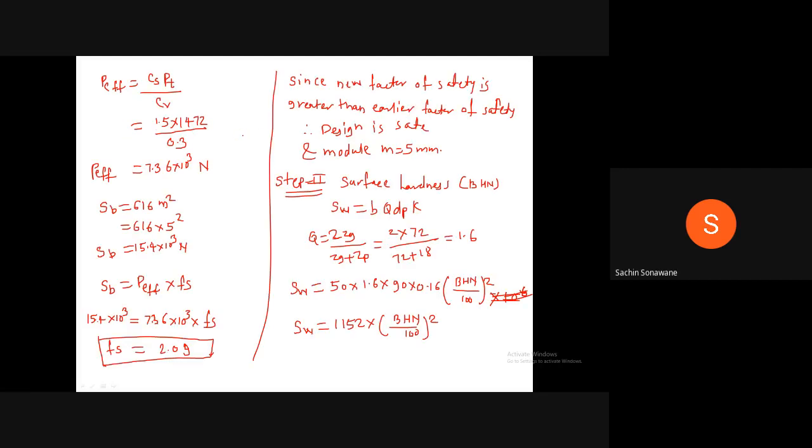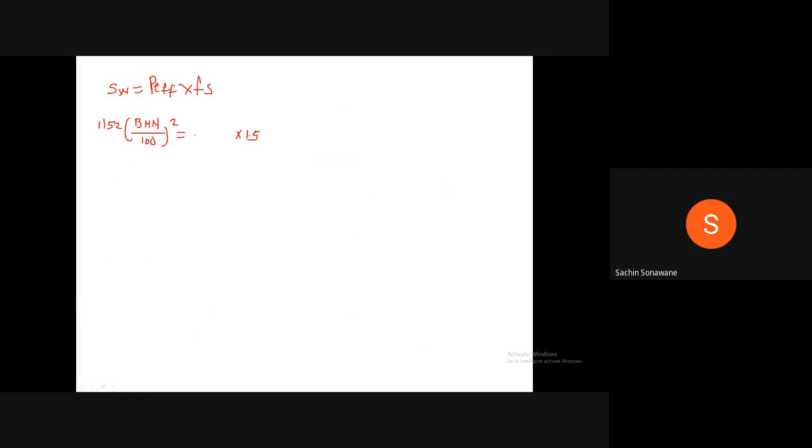Therefore, 1152 into BHN divided by 100 bracket square is equal to P effective into 1.5. P effective is 7.36 into 10 raised to 3. Calculate.